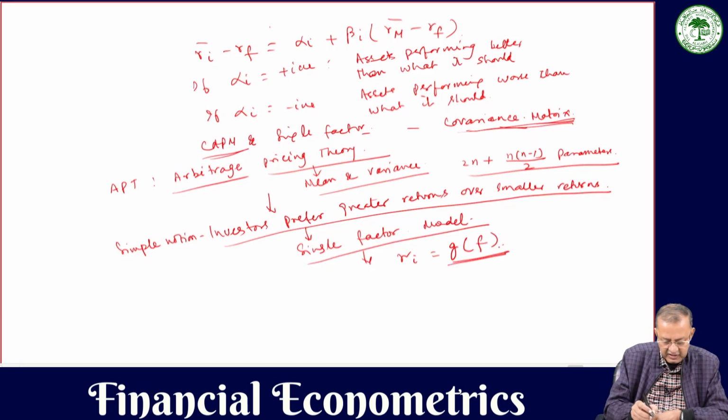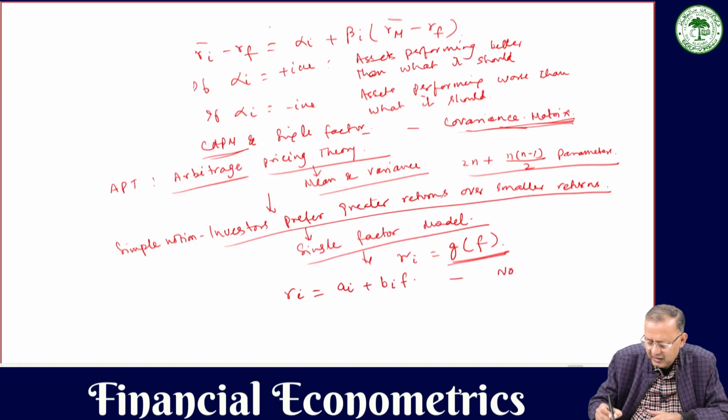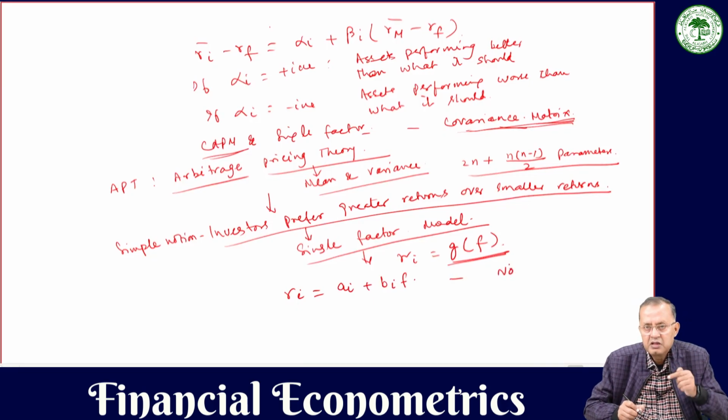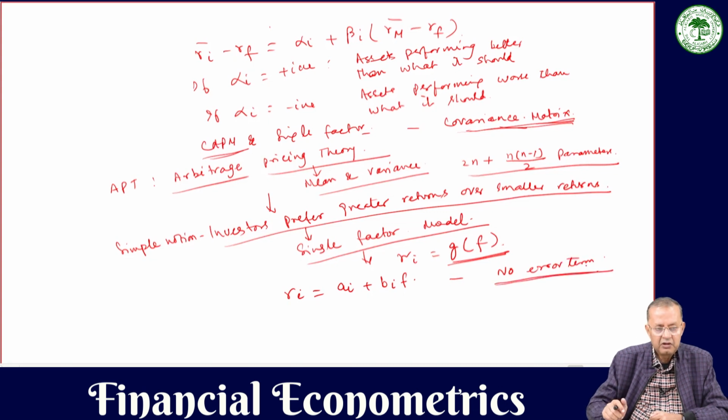So here we write Ri is equal to Ai plus Bi into f. What do you find different between the earlier single factor model and this model? The difference is that there is no error term. We have not mentioned any error term here. There is no error term in arbitrage pricing theory. Clear?